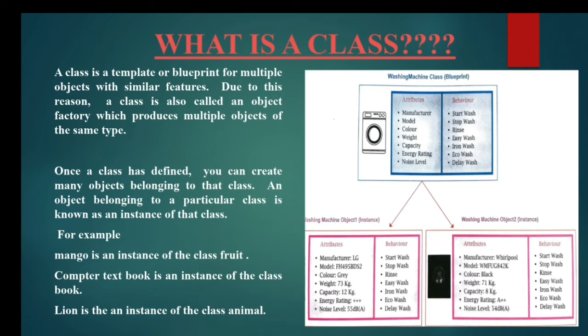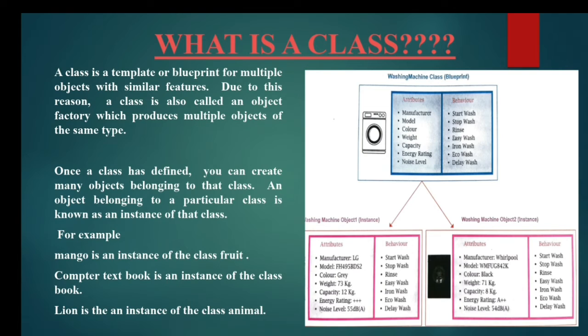Means the difference is only with the attributes, but the action is the same. Action is same for the two objects. The only difference is the attributes, means its characteristics are different, but the behavior is same. Means here data members are different, its member methods are same.